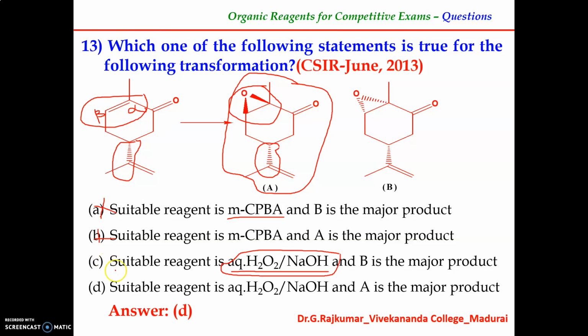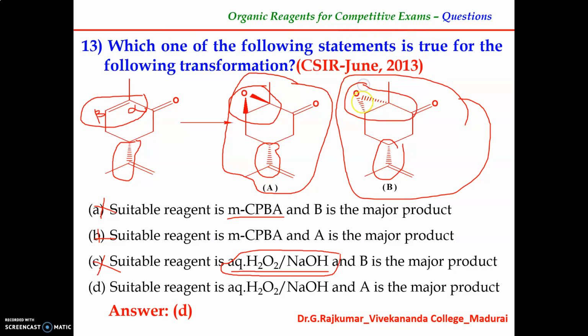Option C, you may confuse with option C and D. So C is not possible because they have given B is the major product. You can look at the stereochemistry of this isopropene and this one. So this should be opposite stereochemistry. Hence, A is the major product and the suitable reagent is aqueous hydrogen peroxide and sodium hydroxide.